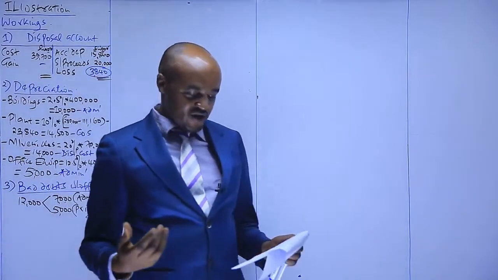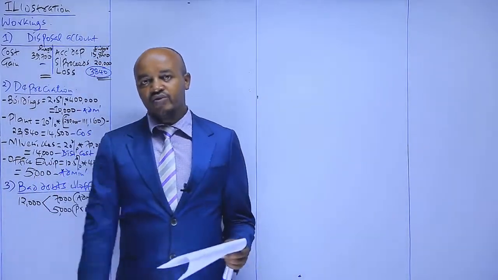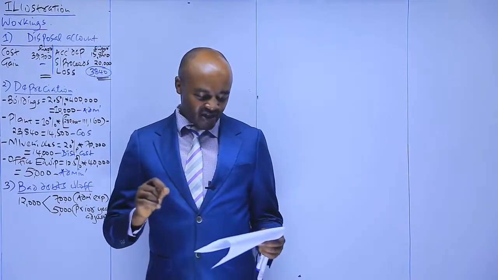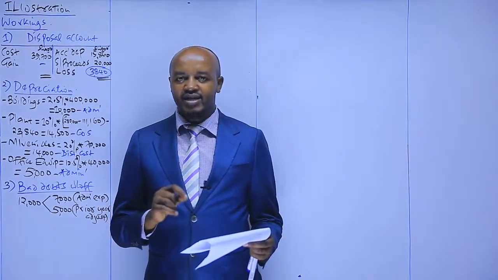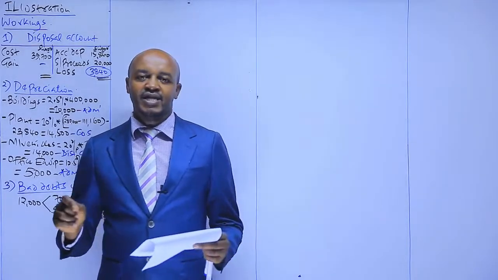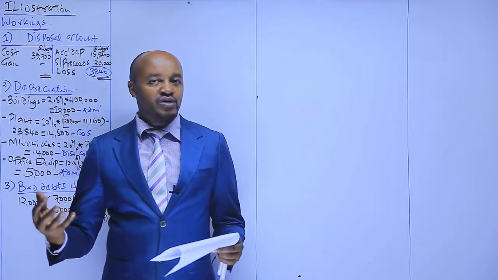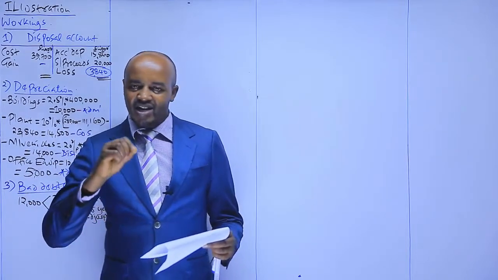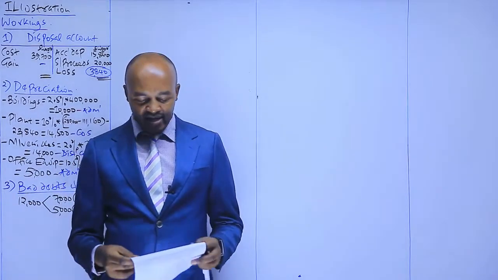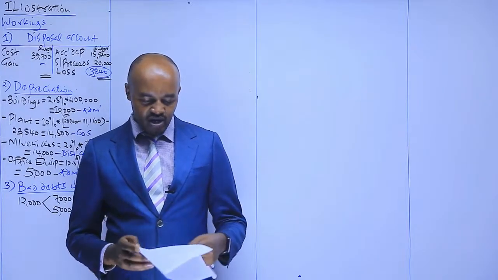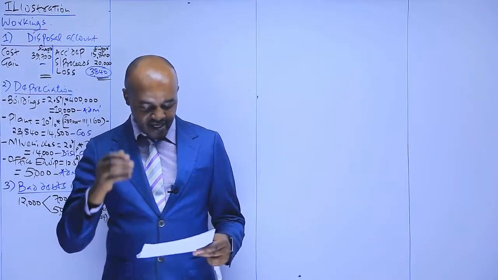Such under provision, we bring it forward to the current year and we add it to the current year's estimated tax liability. But if it was an over provision, we bring it forward to the current financial year and we deduct it from the current year's estimated tax liability. That's basically what you need to know, and therefore that's what you're going to do as far as that under provision is concerned.